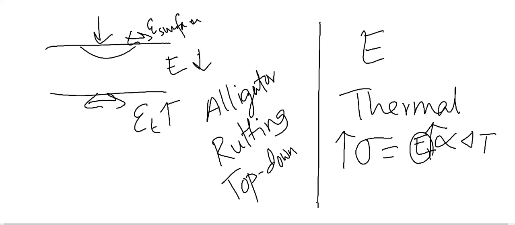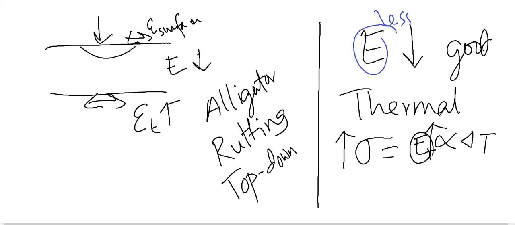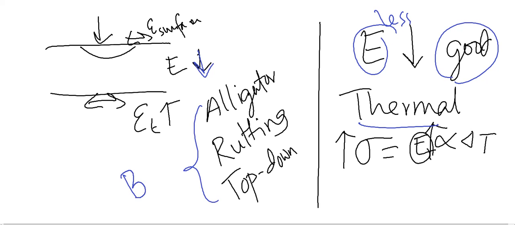Okay, the summary is, if your E is less, good for thermal. If your E is less, bad for this, bad for this, bad for this. So depending on the reason, we should select material based on this.